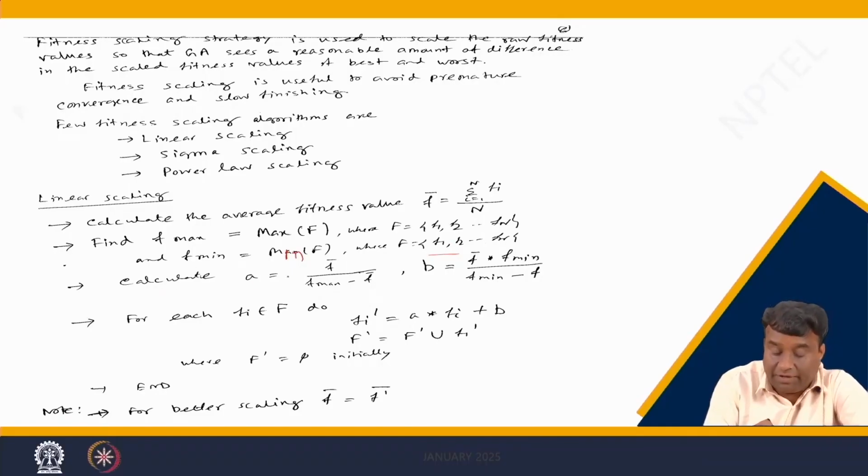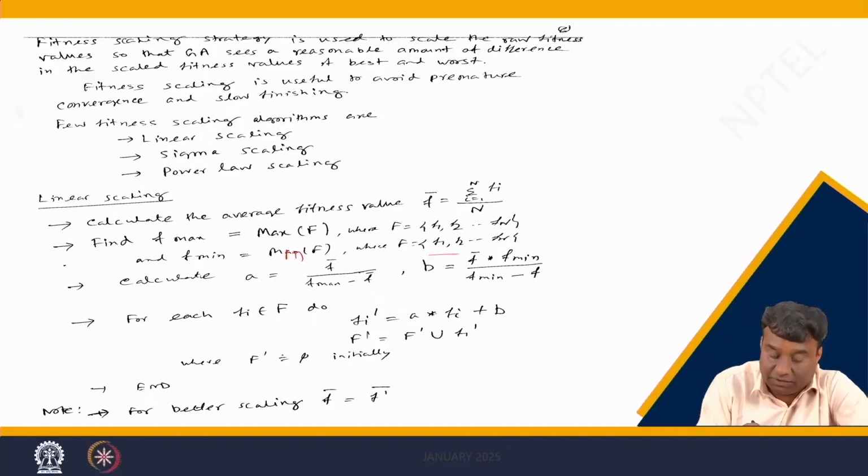Calculate a value A, which is F bar divided by F max minus F bar. B is F min multiplied by F bar divided by F max minus F bar. So for each Fi belonging to F, do Fi dash equal to A times Fi plus B.